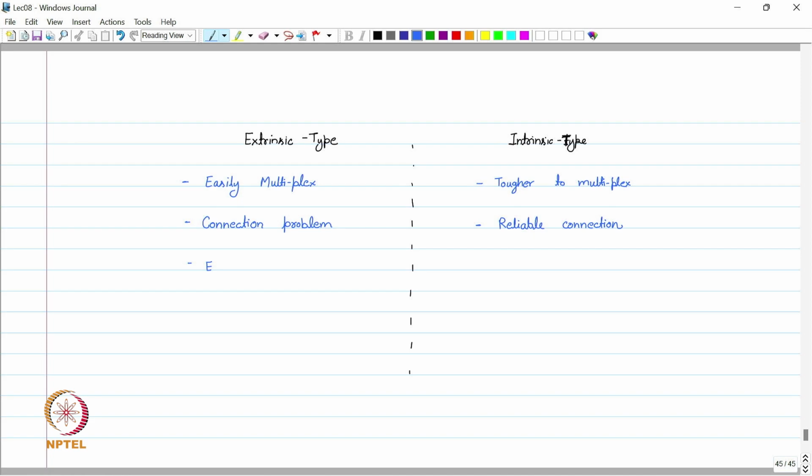This is easier to use. This is a more elaborate kind of signal mode demodulation.